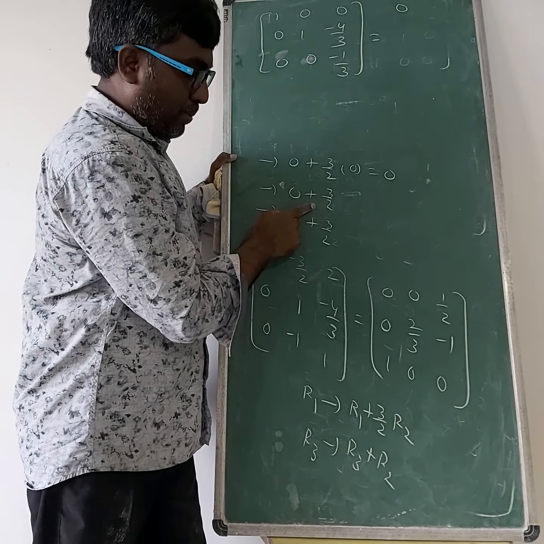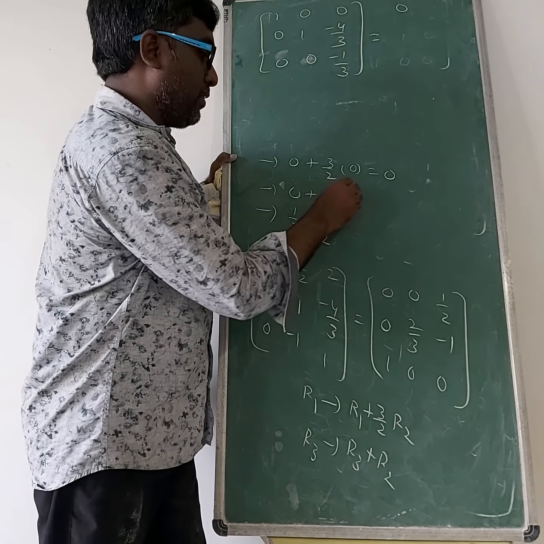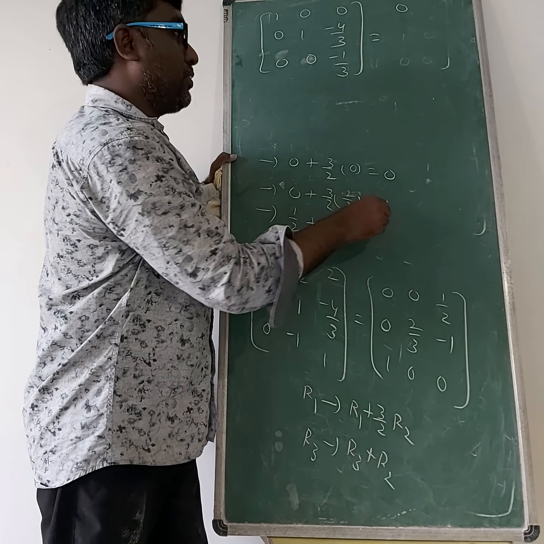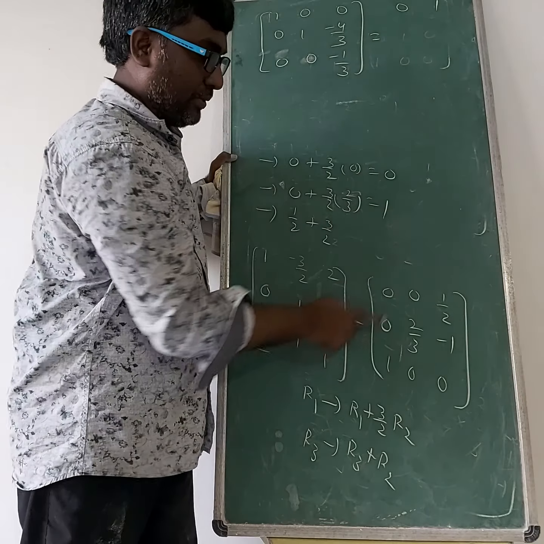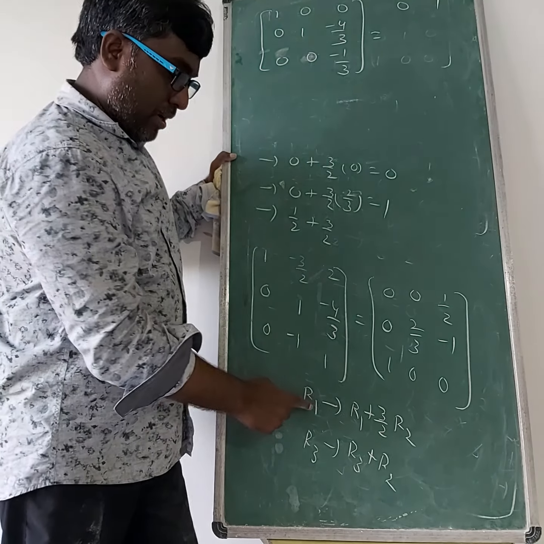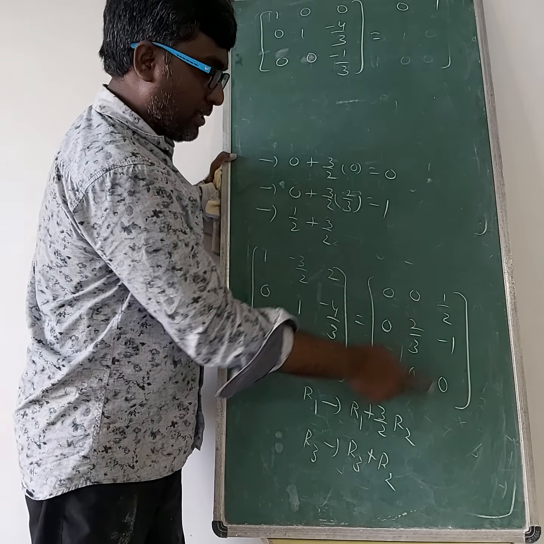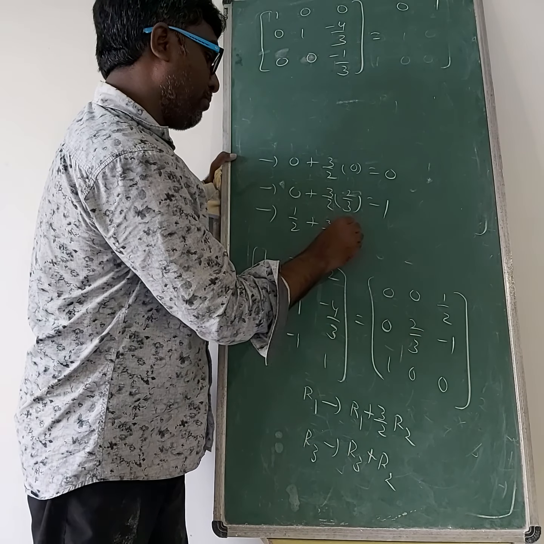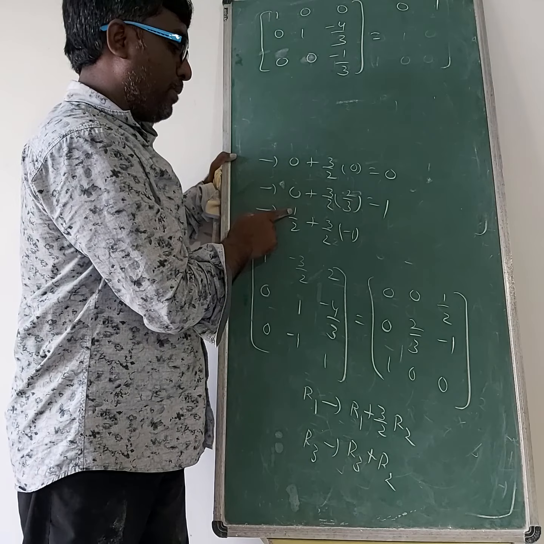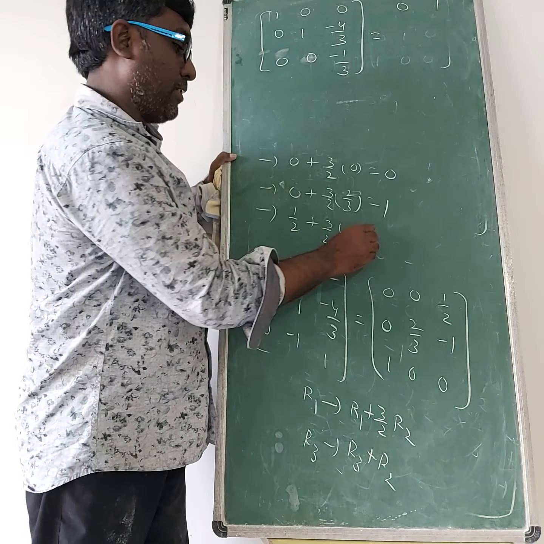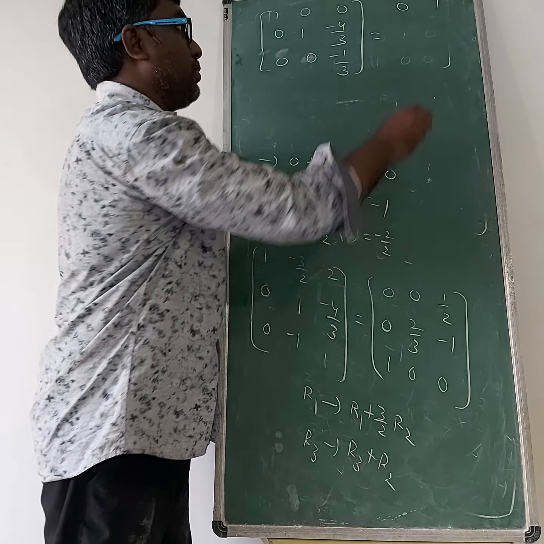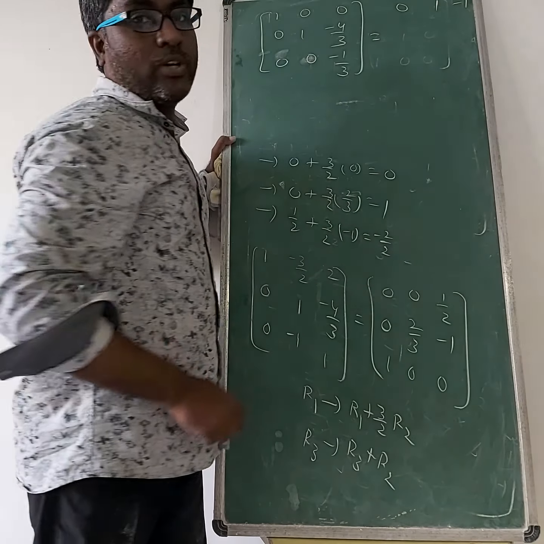For this, 0 plus 3 by 2, R2 value will be 2 by 3, so this is 1. Now R1: 1 by 2 plus 3 by 2 plus R2 value minus 1, plus 1 minus 3 minus 2 by 2. So this value is minus 1.